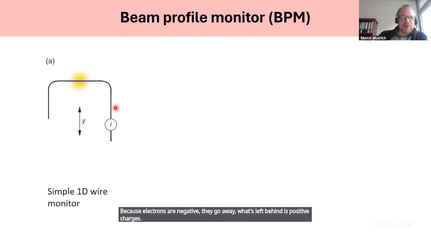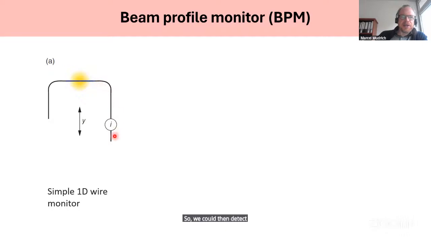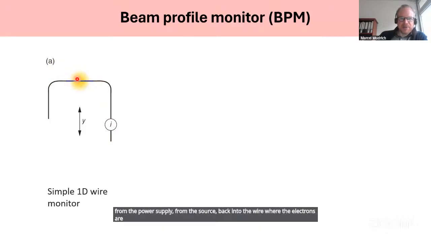So we could then detect a very weak current because electrons would basically flow from the power supply, from the source, back into the wire where the electrons are lost by photoemission.